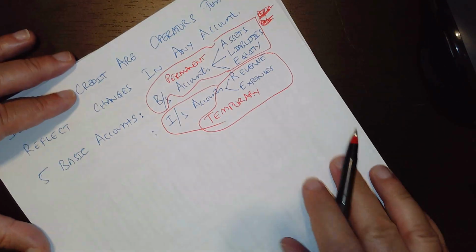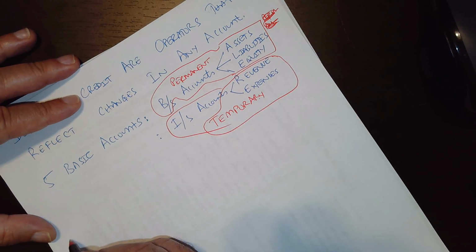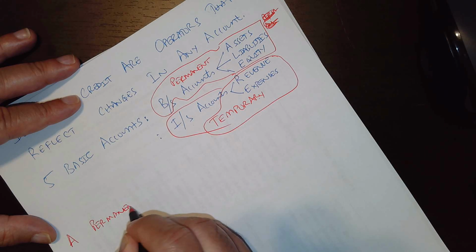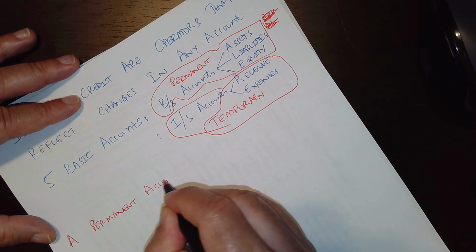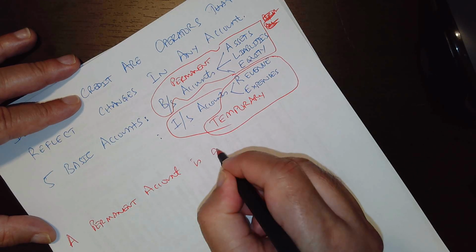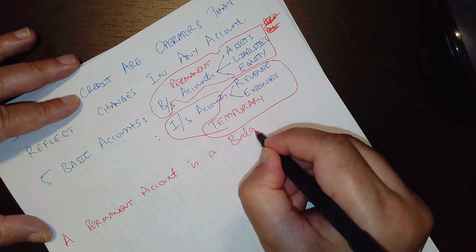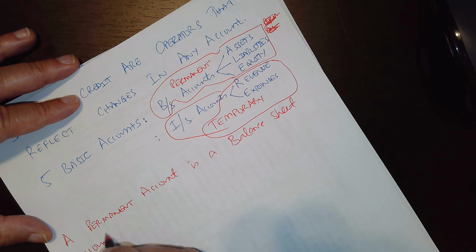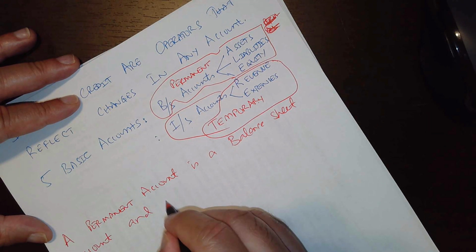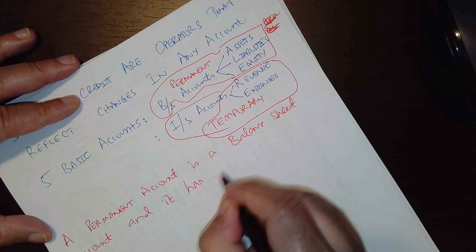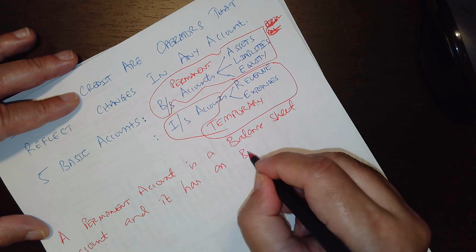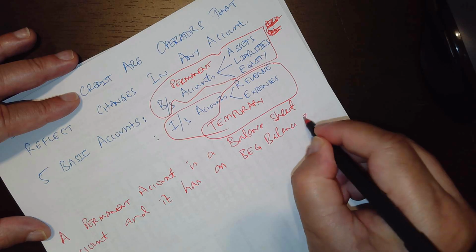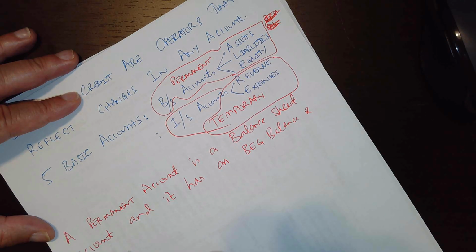Let me show you something. What is a permanent account? A permanent account is a balance sheet account, and it has a beginning balance and ending balance.